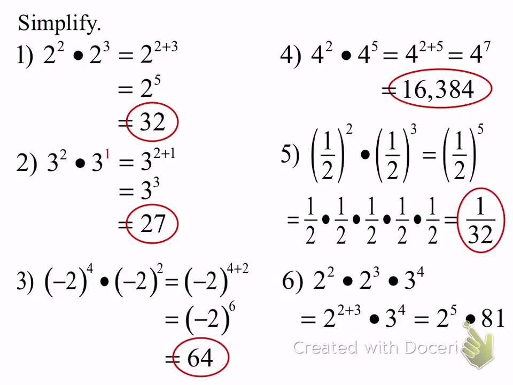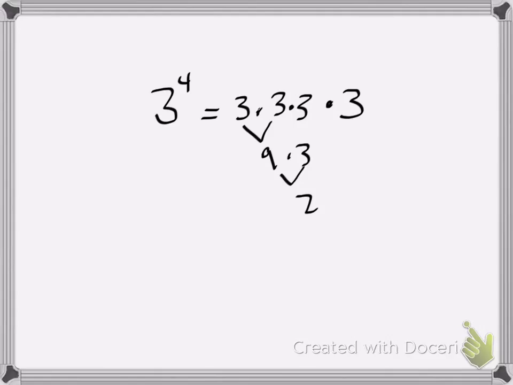This is something to think about. When you have 3 to the 4th, if I did 3 times 3 times 3 times 3, 3 times 3 is 9, times 3 is 27, times 3... I can't do that in my head.